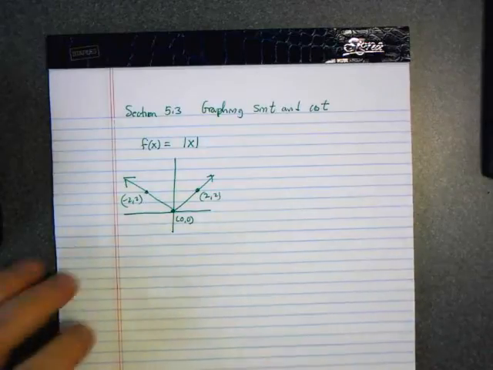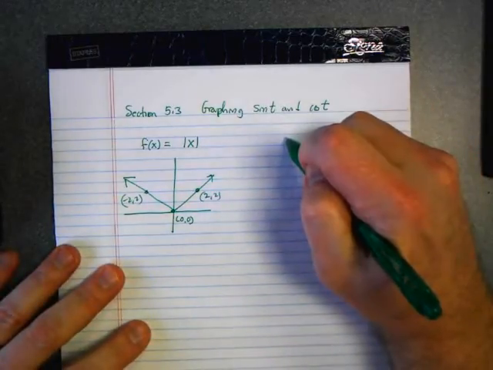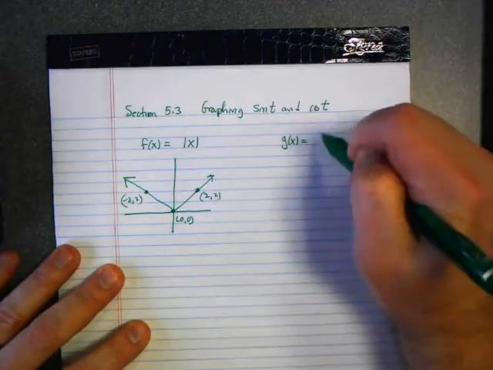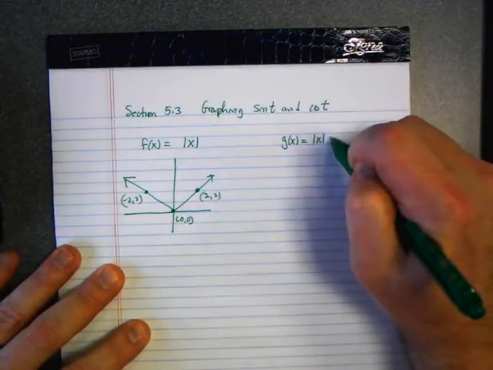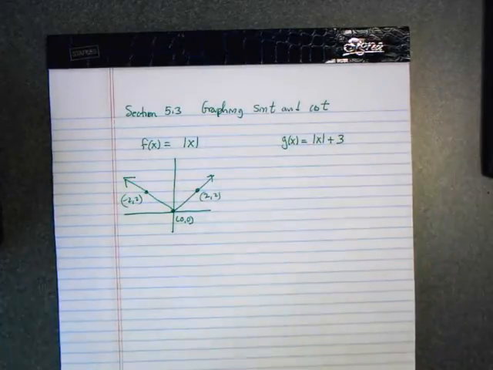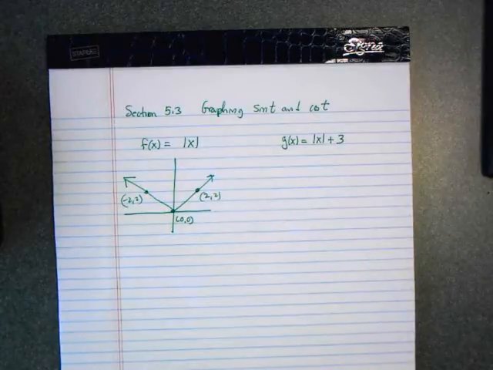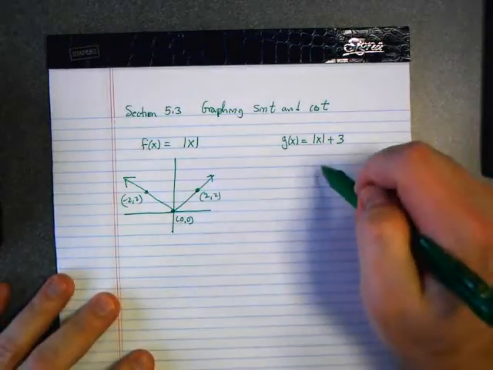What if I asked you to graph g of x equals absolute value of x plus 3? What does that plus 3 do to the original graph? Raises it up 3 points. That's exactly correct.